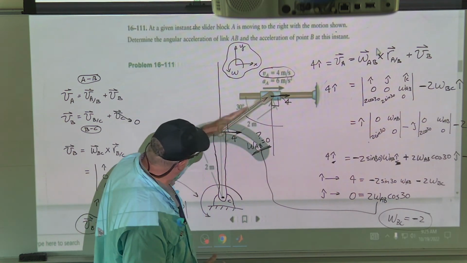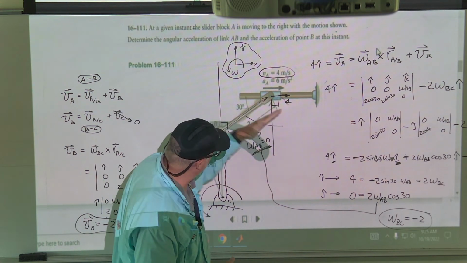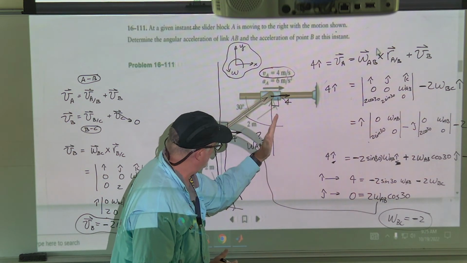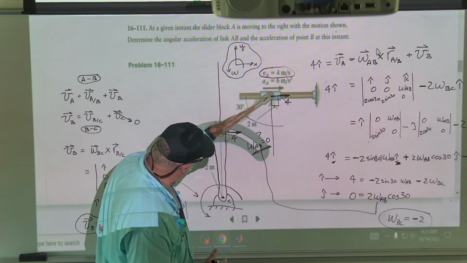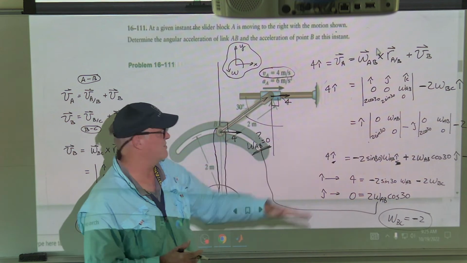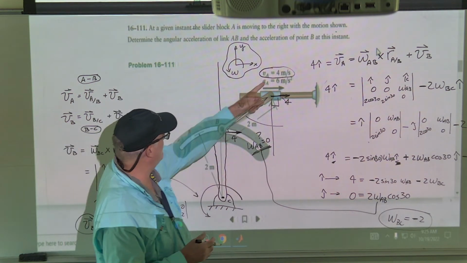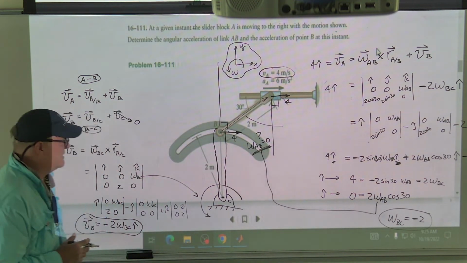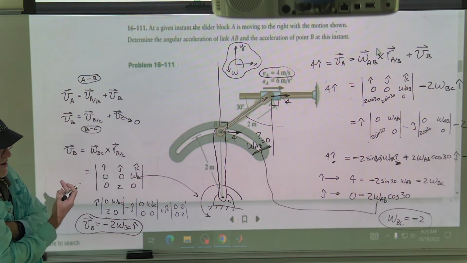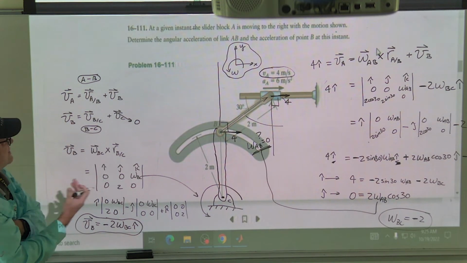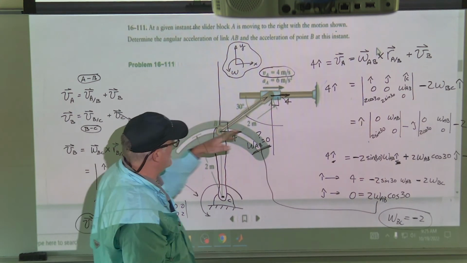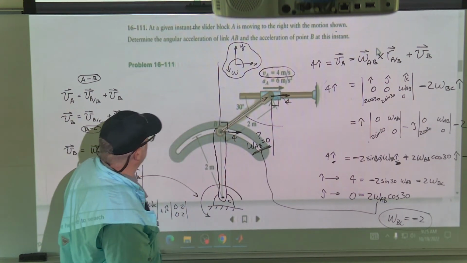An instant later it's going to be going like this and like that. But at this instant, it's in translation directly to the right at a speed of 4. So what we saw from our instant center is verified using these equations.